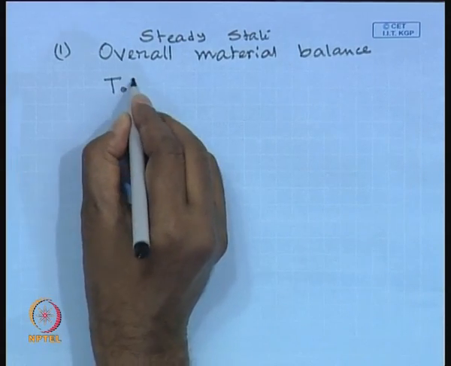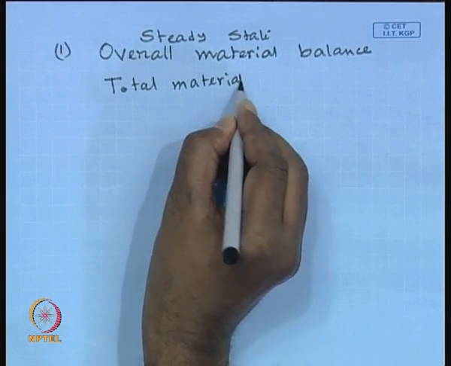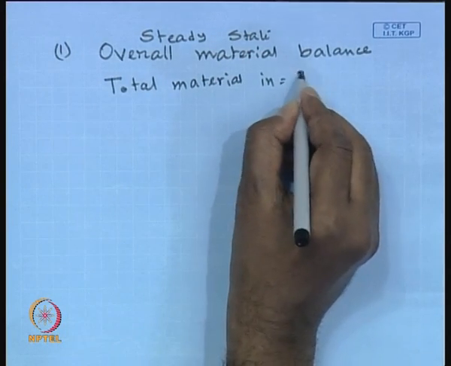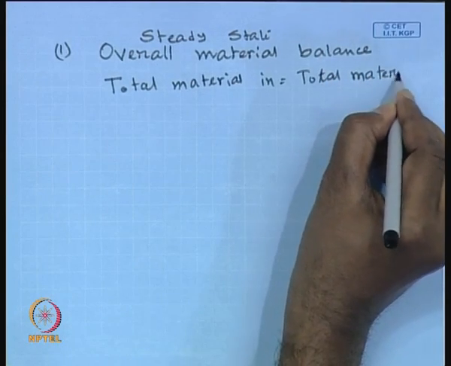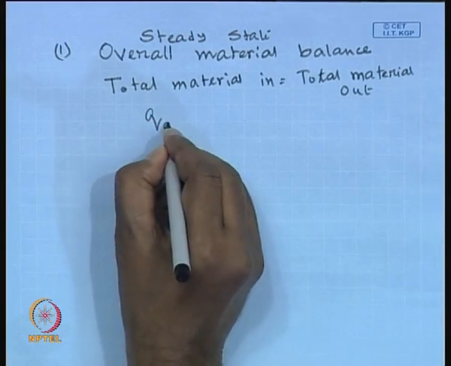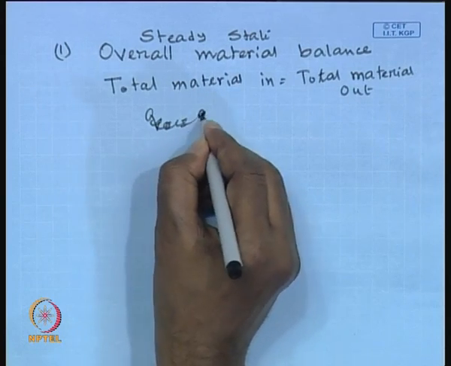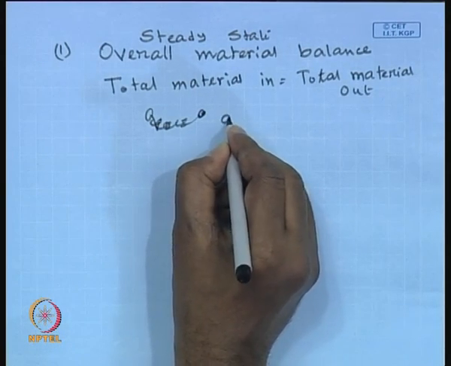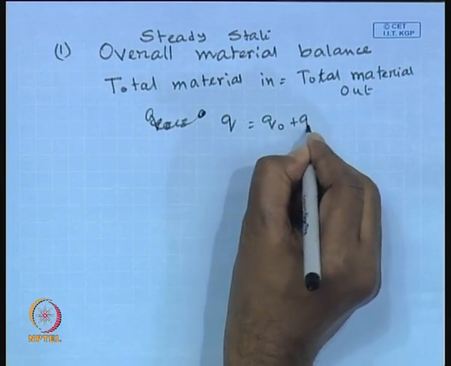Total material in is equal to total material out. So, Q is equal to Q 0 plus Q prime.